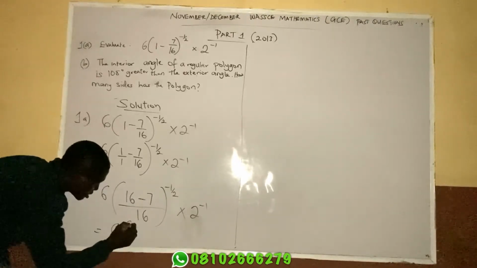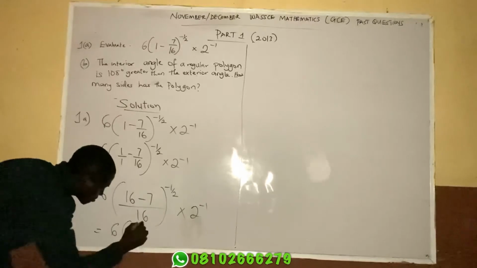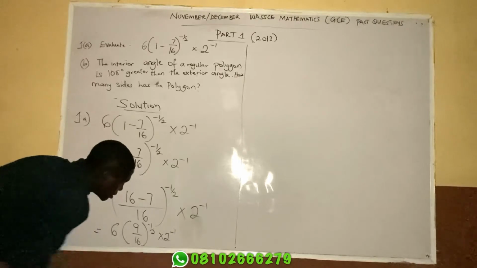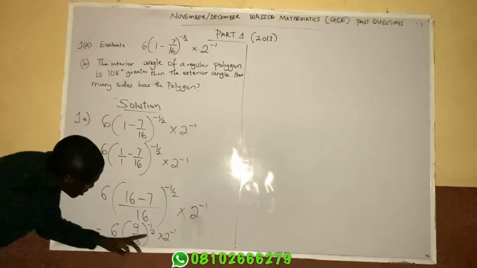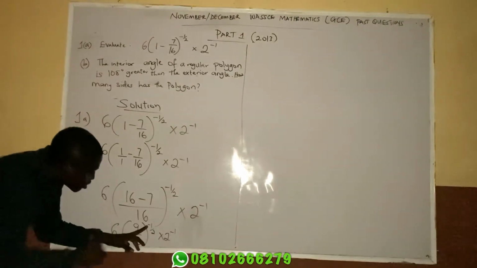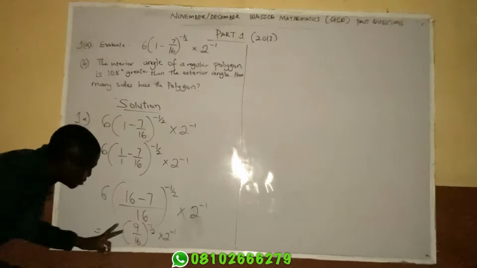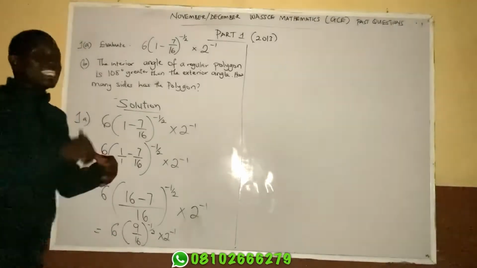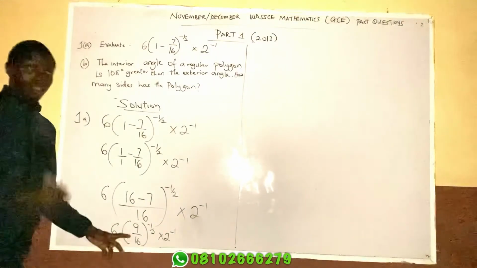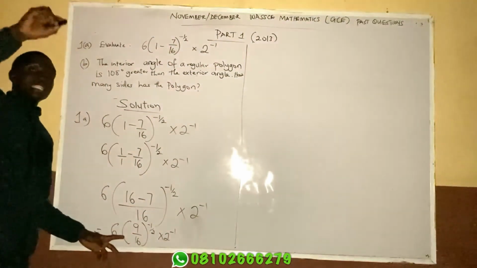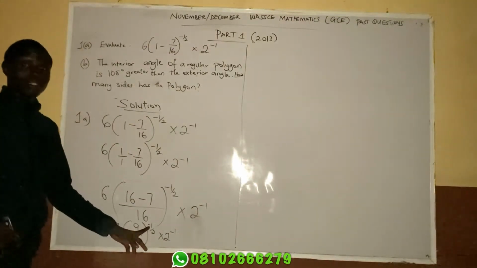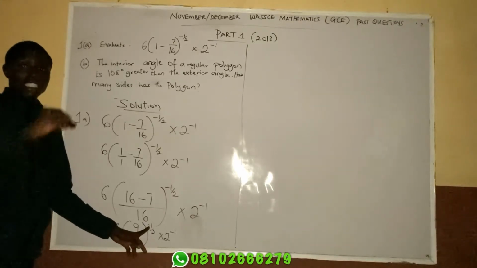Now here we have 16 minus 7, which gives 9 over 16, raised to power minus half, times 2 raised to power minus 1. Now there's a rule in the laws of indices that says whenever you have a number raised to a negative power, you apply the inverse rule: you find the reciprocal of that number.